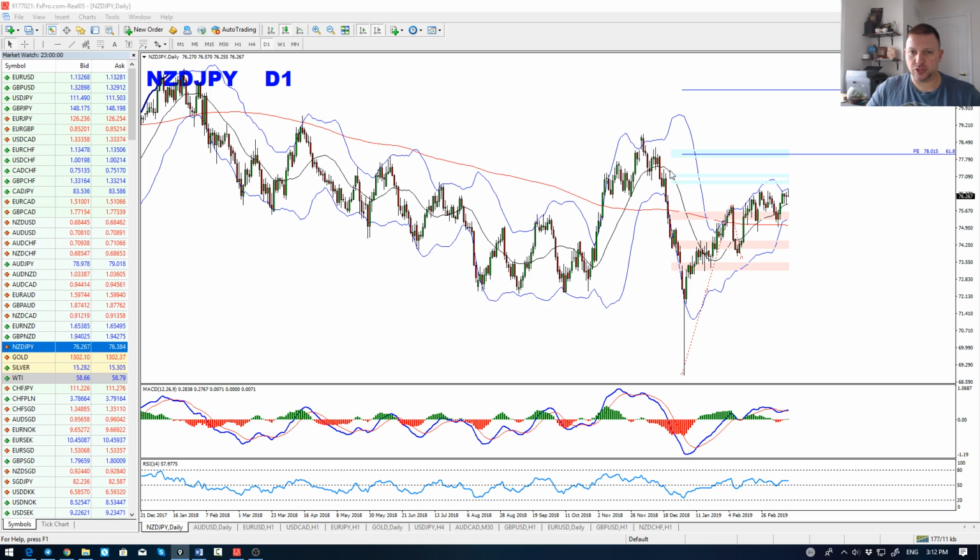This is our zone, a very, very good zone. 78, 77, 78. This is the place. So if the New Zealand dollar yen could achieve this area with this divergence forming and expected to complete there, I would be looking for sell setups from this area.